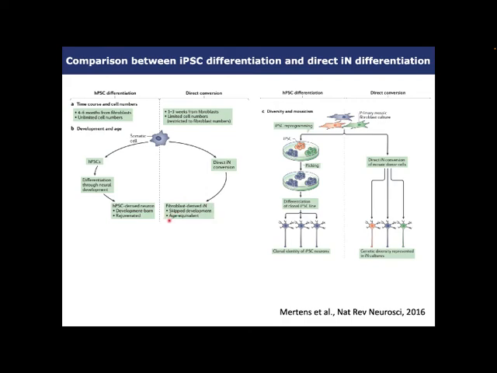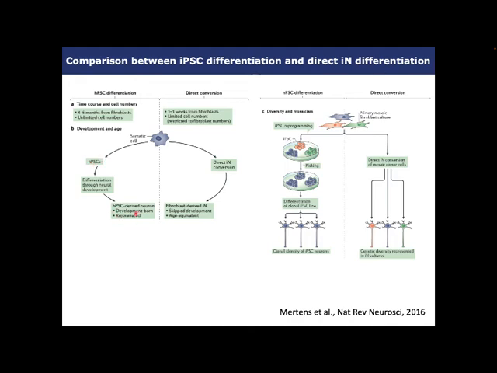It is actually age equivalent. That means if we use old fibroblasts, they have all the signatures. The direct neurons have all the signatures of aging. So from aged fibroblasts, we can generate aged neurons, aged induced neurons. However, if we use induced pluripotent stem cells, by generating the induced pluripotent stem cells from somatic cells, those aged signatures are all gone, all rejuvenated.